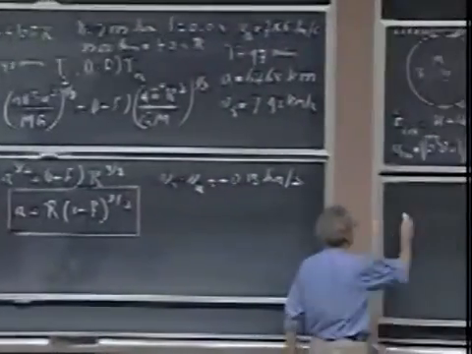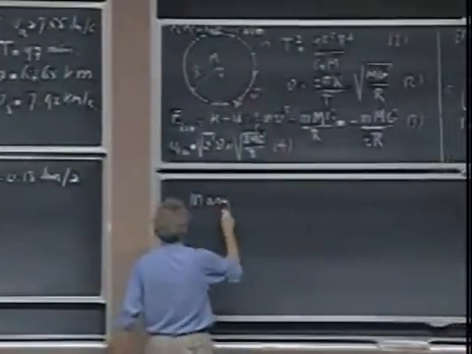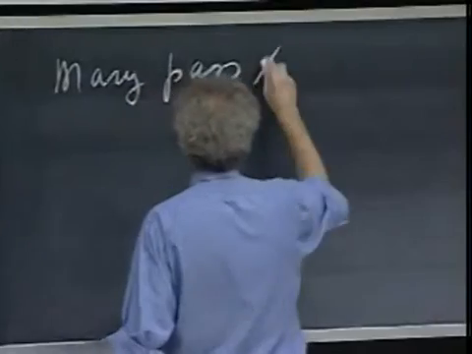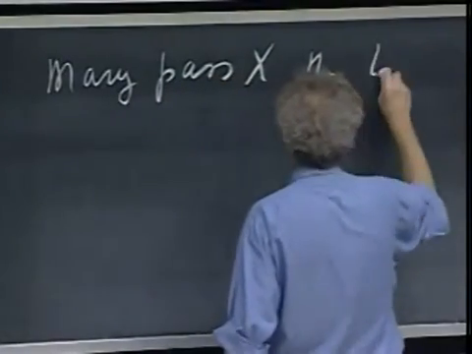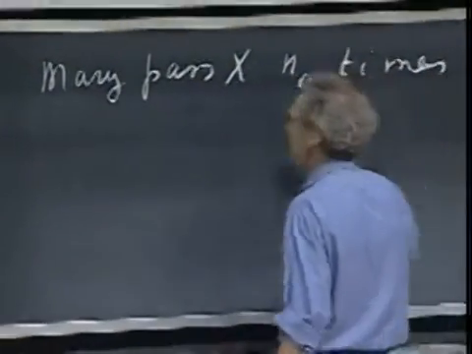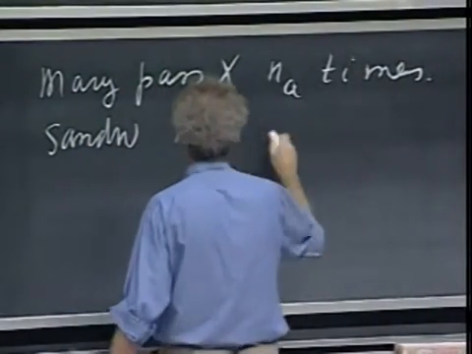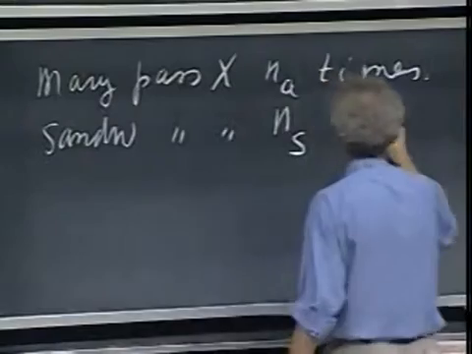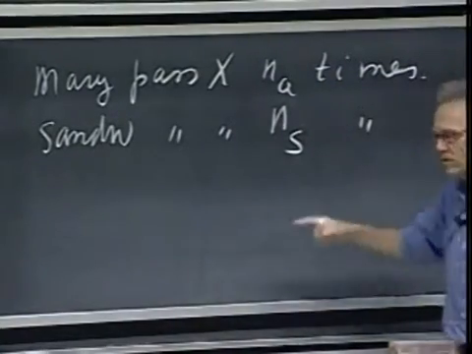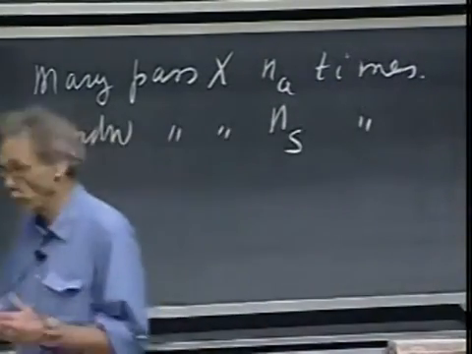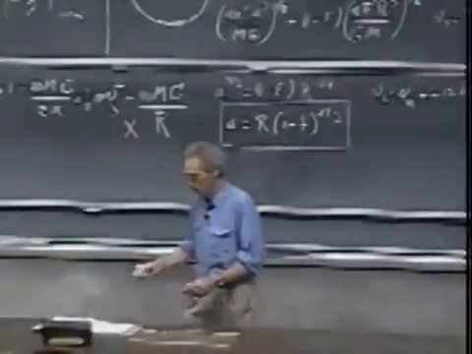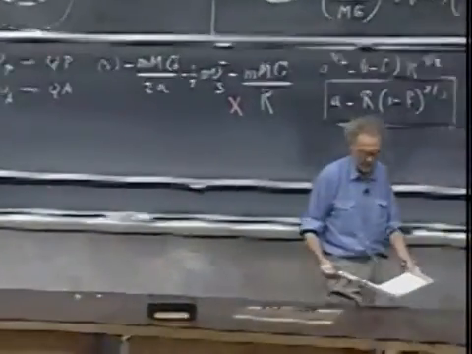We can have Miri pass that point X NA times, and we can have the sandwich pass that point X NS times. As long as these are integers, that's perfectly fine. Then ultimately, if they have enough patience, they will meet at point X.